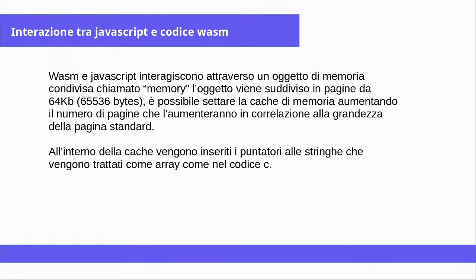It is possible to set the memory cache and increment the number of pages, that increment the shared page standard. Inside the cache will be inserted pointers to strings. It could be treated like an array, like in C code.